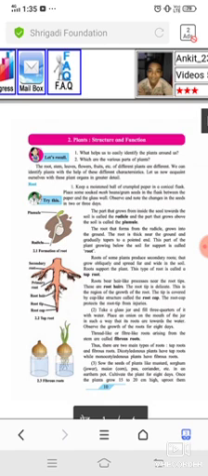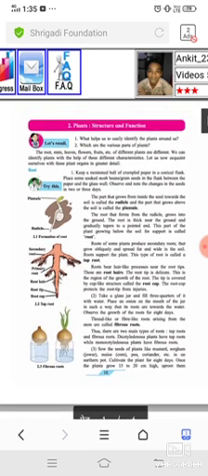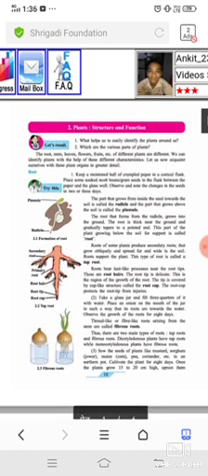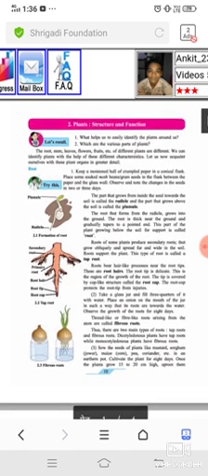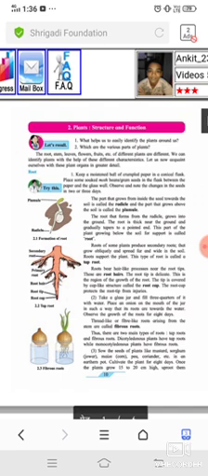Let us now acquaint ourselves with the plant organs in greater detail. First, keep a ball of scrunched paper in a conical flask.